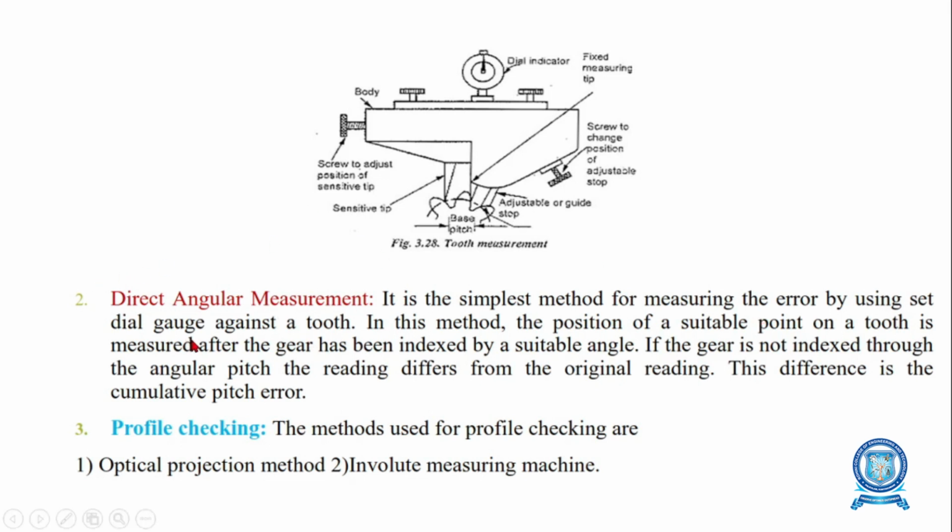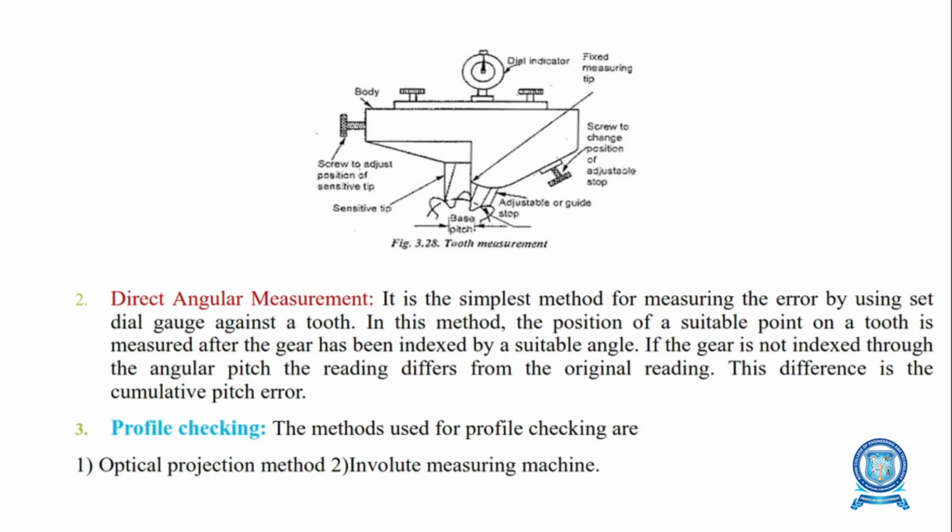It is the simplest method for measuring the pitch error by using a set of dial gauges, two or three dial gauges, to check the pitch error against a tooth. In this method, two measuring contact tips are applied on the same side of adjacent teeth of the gear.